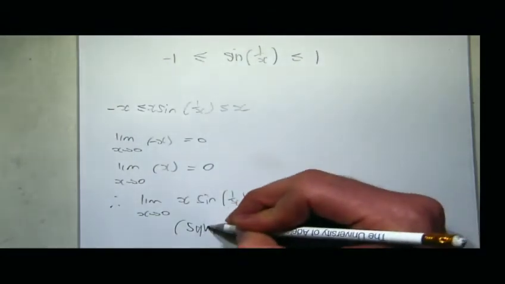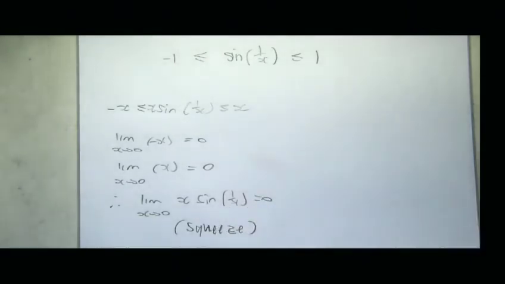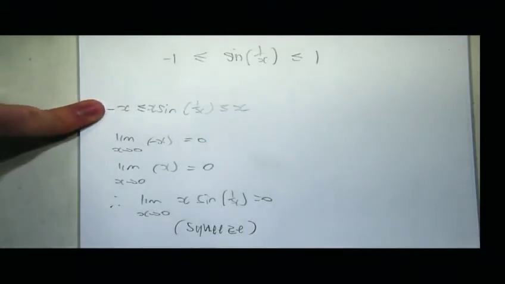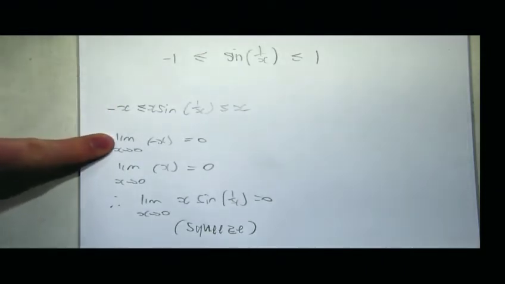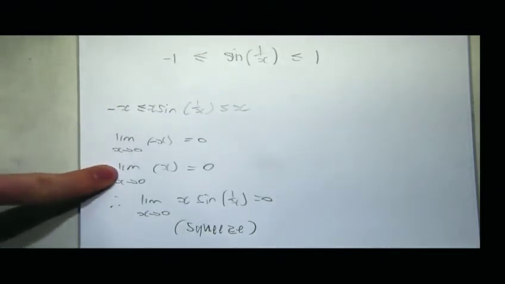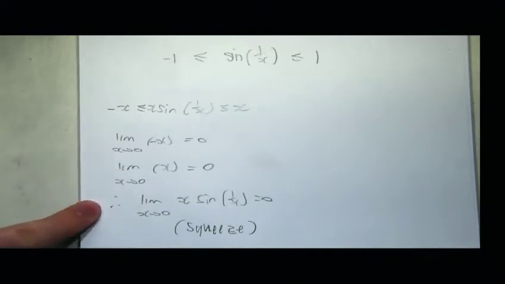Just writing the word squeeze is fine. When you use the squeeze theorem, you must have those parts. You have to have the statement that it's between, which is this statement here. You need to say the left-hand one is whatever it is, the right-hand one is whatever it is, therefore the middle one is whatever it is. That's how the squeeze theorem is applied.